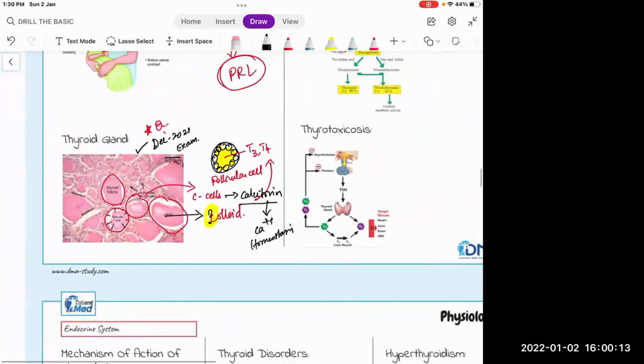So don't think that this is not important, not only in physiology I am telling. All the basics you should know. Mostly when people look at this picture, they will just say, oh, this is the thyroid gland. No, only the follicular cells release the thyroid hormones. That's it. Don't think like that.